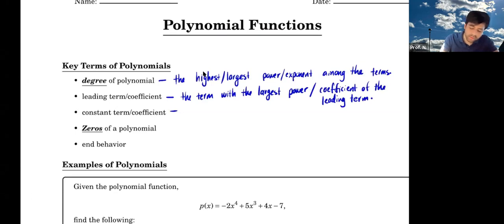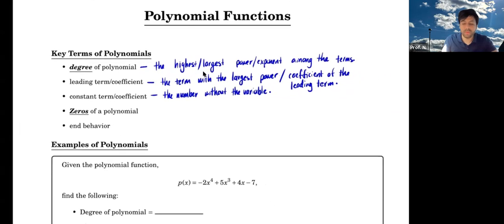And the constant term is just the number seen without the variable. It's just by itself, right?